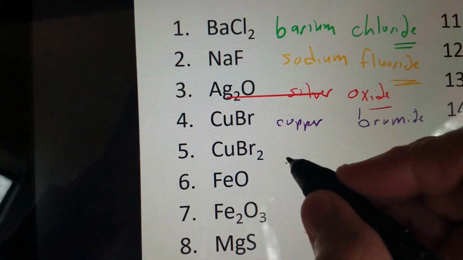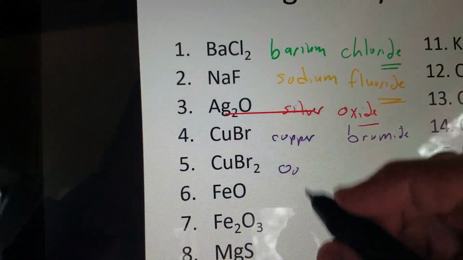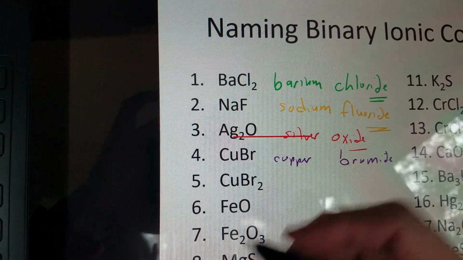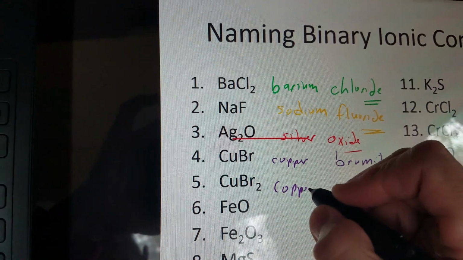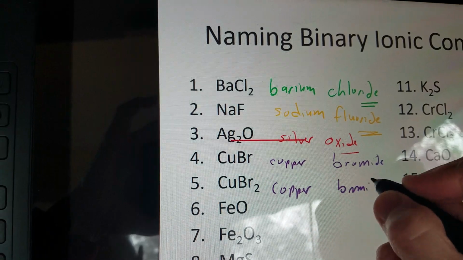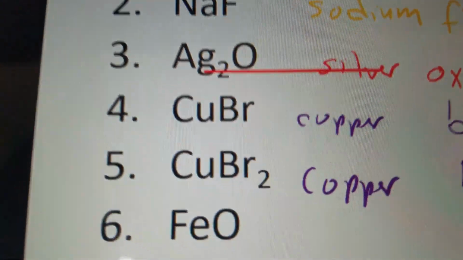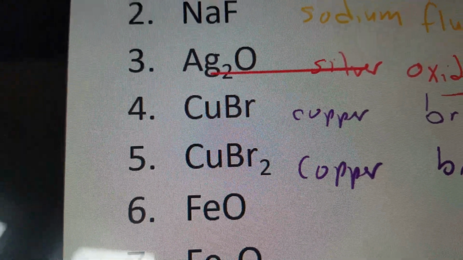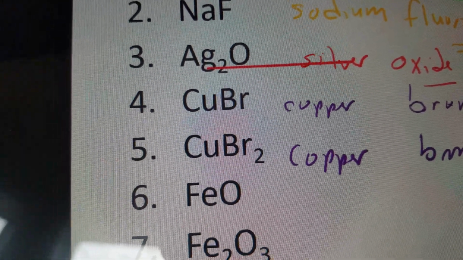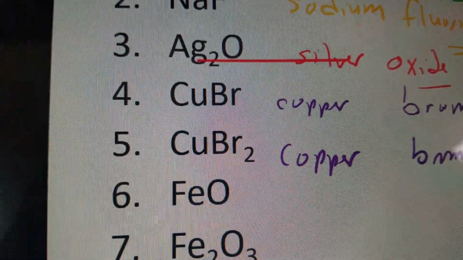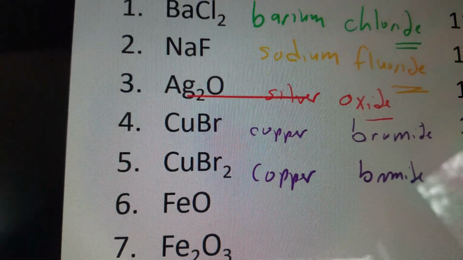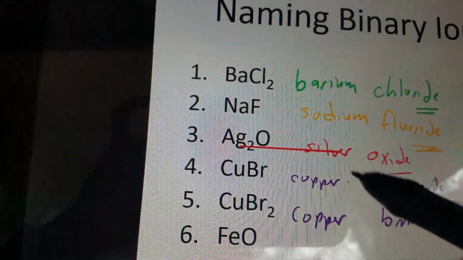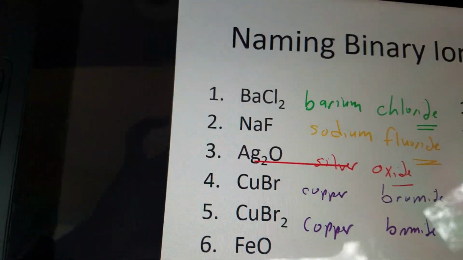Well, if you look at that one, it would be copper and bromide also, right? But you can see just by looking at their formulas that they're different because the top one has bromine as a single element, and the number 5 has bromine that has actually 2 of those atoms. So this is where we have to indicate the charge of our copper by using Roman numerals.